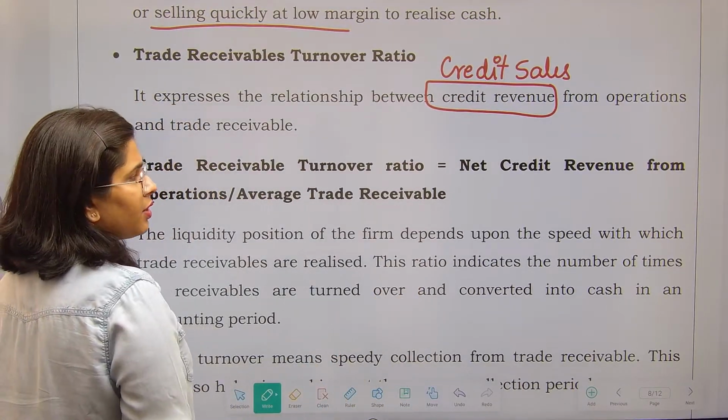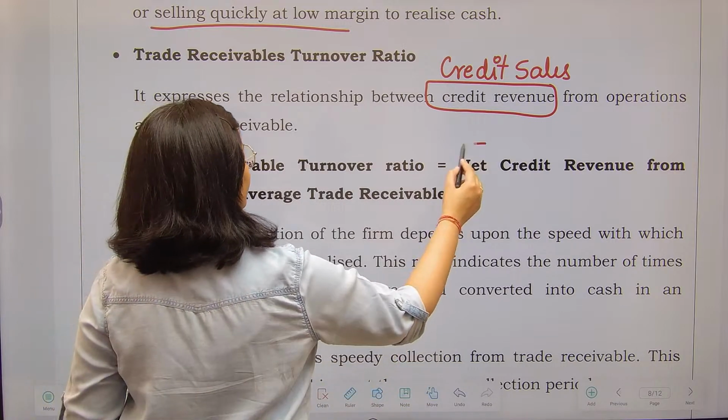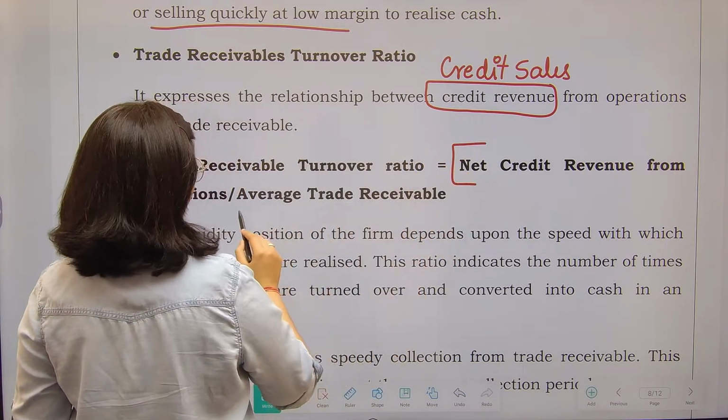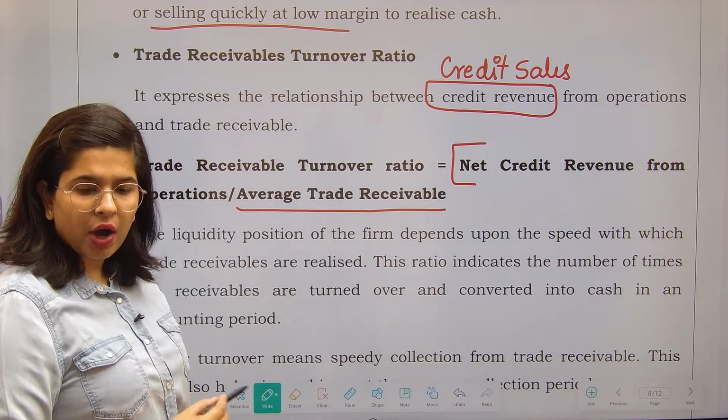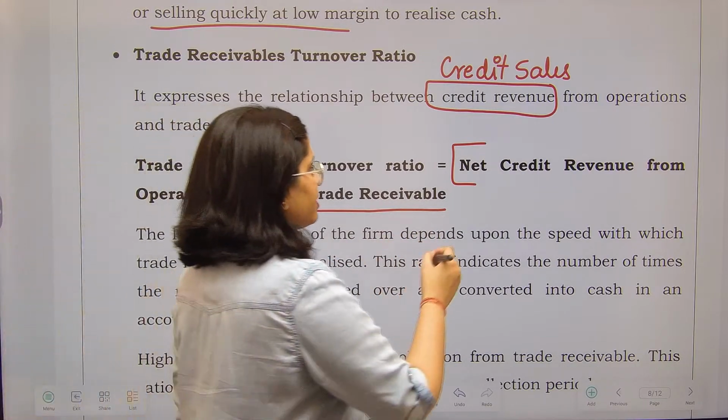Trade receivables turnover ratio: net credit revenue from operations divided by average trade receivables. Now how do we calculate average trade receivables?